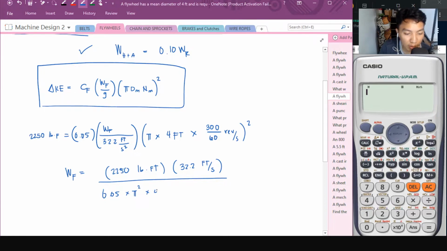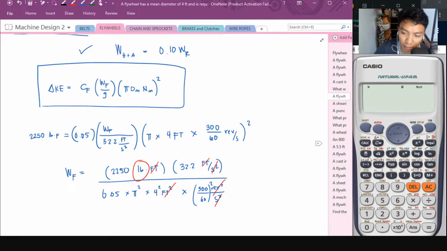Multiply to 4 squared feet squared multiplied to 300 revolutions squared. Tapos yung 60, square ko to. Divide by second squared. Cancel natin all the same units. Revolution ng unit naman yan. Feet squared, feet. Ang natira is pounds.